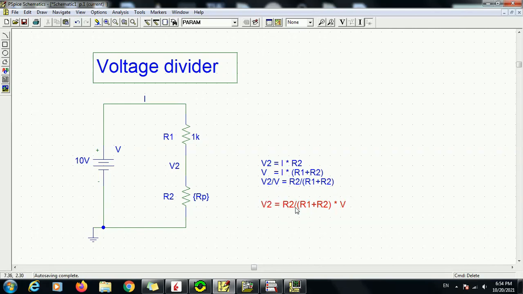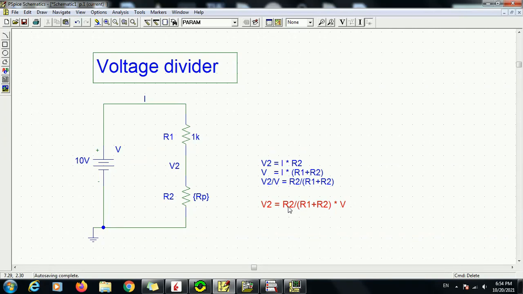Now, just a small remark about this voltage divider formula. We know that R1 will be constant and our supply voltage is going to be constant all the time, so the only changing variable here will be R2.